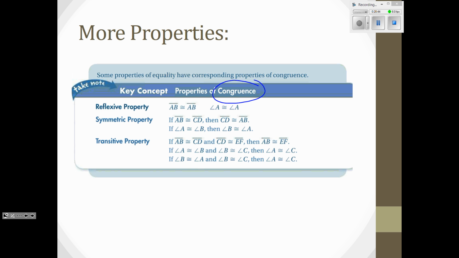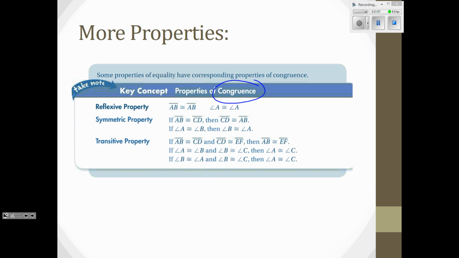Exact same shape and size. So the reflexive property says that something is congruent to itself. The symmetric property says that if a line segment is congruent to another line segment, then we could flip it around and it would still be true.